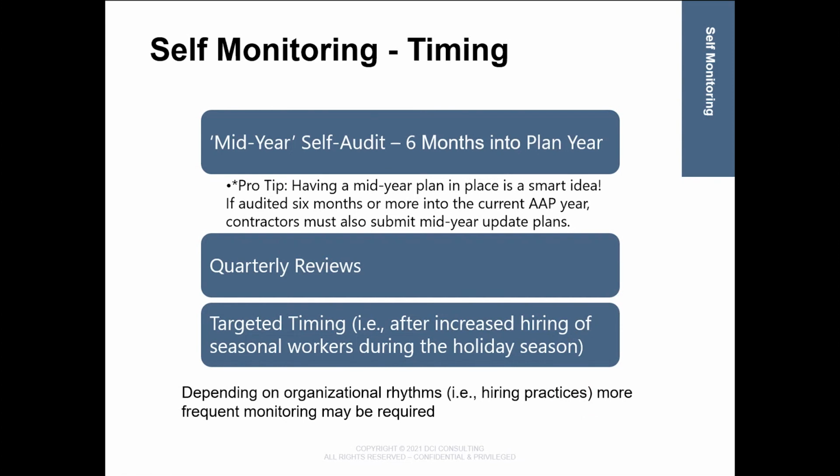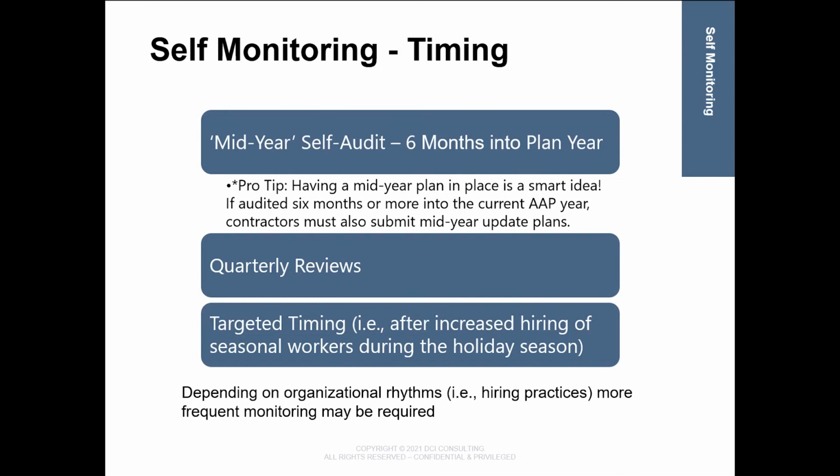We would suggest that your organization decide on a monitoring schedule that makes sense and aligns to your organizational rhythms. You can decide on a mid year self audit 6 months into the plan year. This is preferred by many contractors because if audited 6 months or more into the plan year, contractors must also submit mid year updates to the OFCCP.